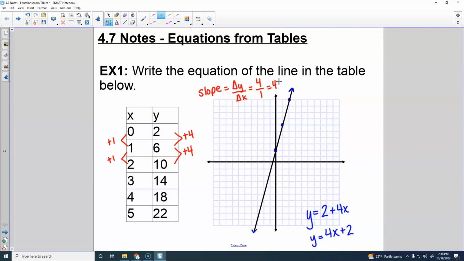All right, so y-intercept. For our y-intercept, how can we find that just from the table? What do you think, Aiden? Okay, so definitely like on the graph right here, that crosses the y-axis too. How can I tell that's going to be it when I look at the table?